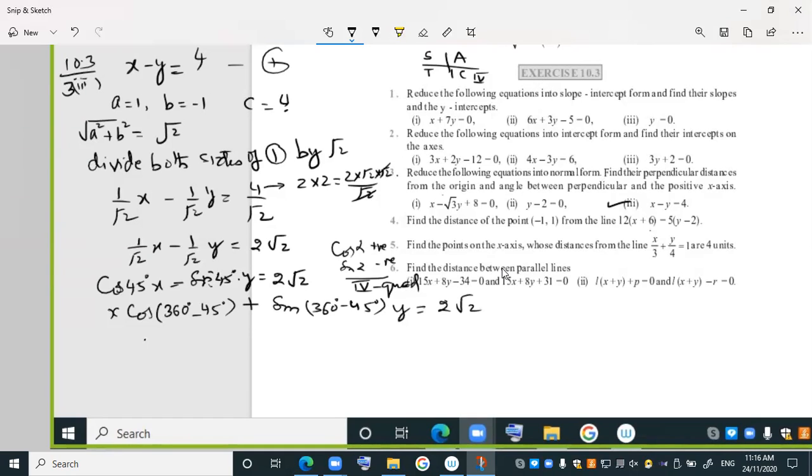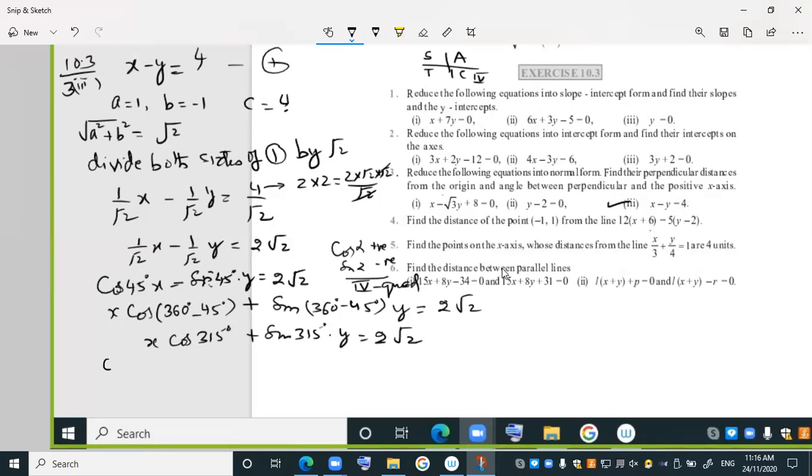So this will become x cos 315 degree. When plus minus is coming, you have to convert it into plus. So sine 315 degree into y is equal to 2 root 2.